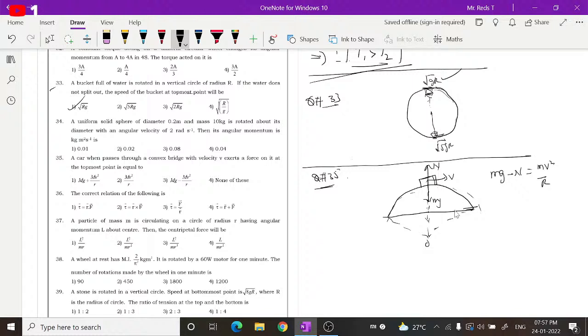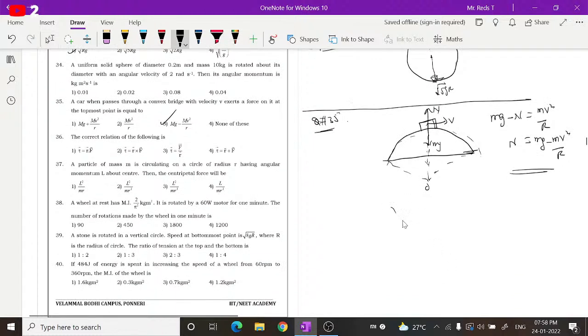How much force the bridge exerts on it, that much force it exerts on the bridge. That is the normal force. Bringing it here, N is equal to mg minus mv square by r. This much force the bridge exerts on the vehicle, and the same force it exerts on the bridge. So mg minus mv square by r is option 3. That's it. Simple.